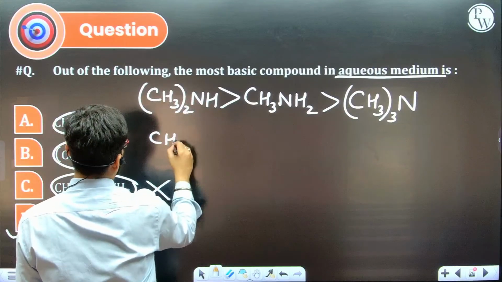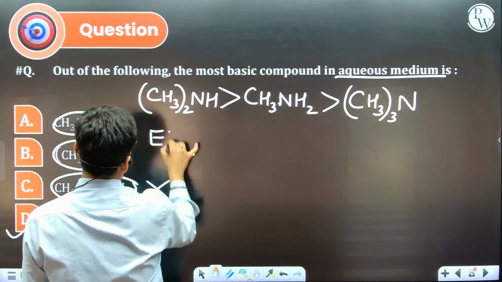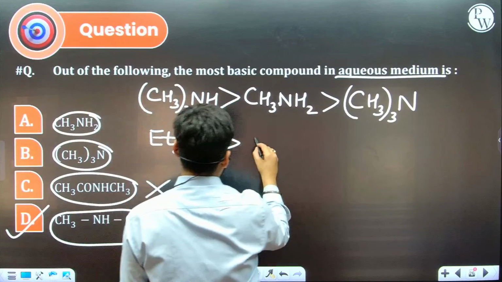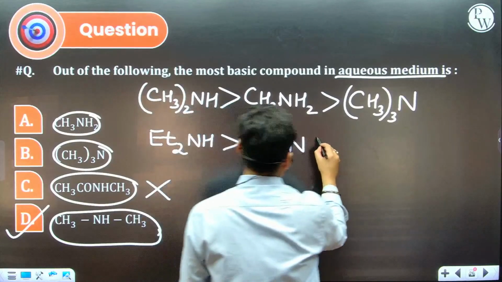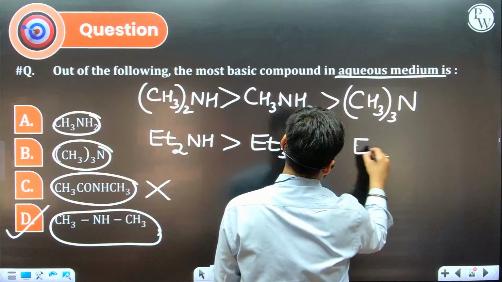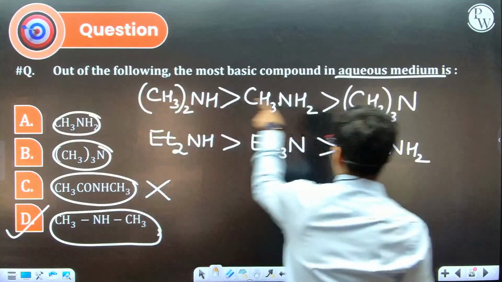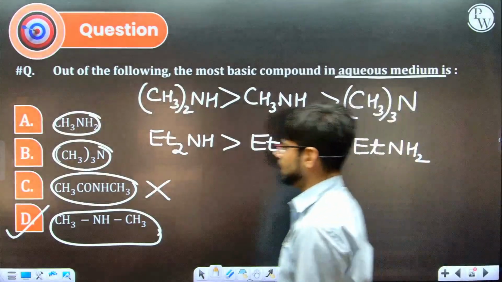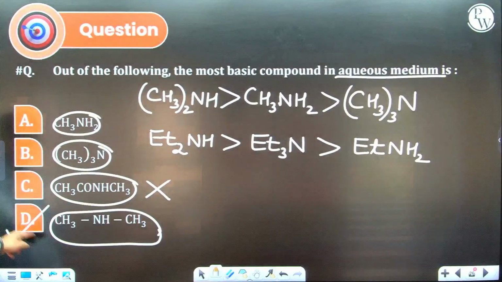Similarly, if CH3 is replaced with Et, that is CH3CH2, then also the most basic remains the 2 degree amine. But now there is a slight change. 3 degree amine becomes more basic than 1 degree amine. So this is the correct order of basic strengths in aqueous medium. This is also the correct order of basic strengths in aqueous medium. Right. So D is the correct option, most basic compound.